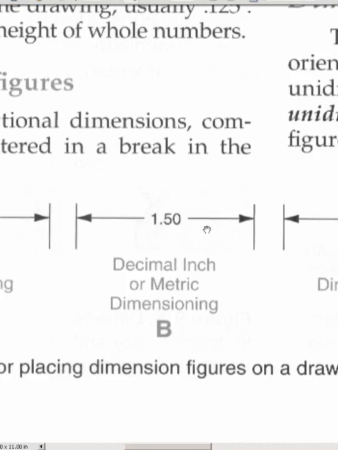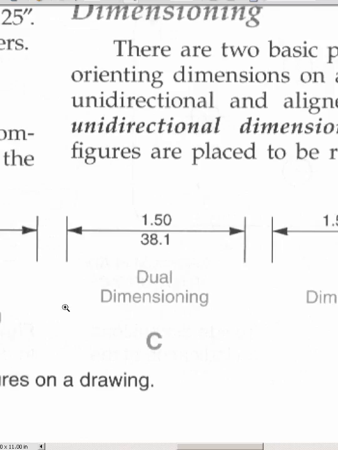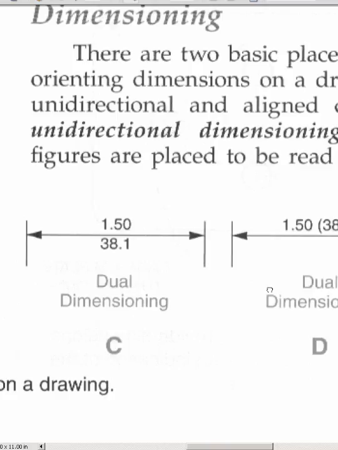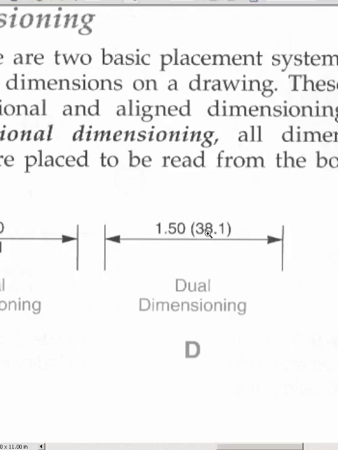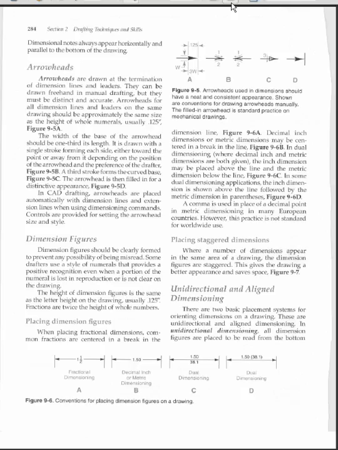Typical decimal inch or metric dimensioning. Dual dimensioning, where you have both the imperial and the metric value. Or also dual dimensioning, where you actually have it in parentheses behind it. In any of these cases, just a basic format that most of the CAD packages will take care of for you, but just understanding the terms is important.